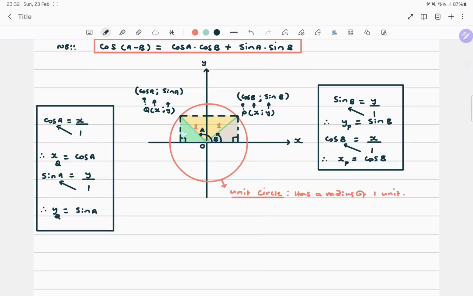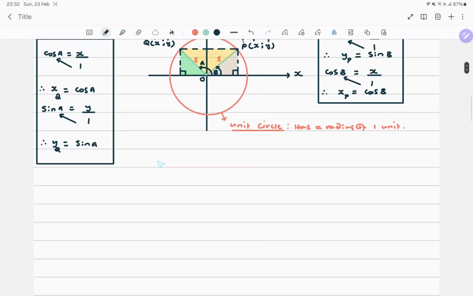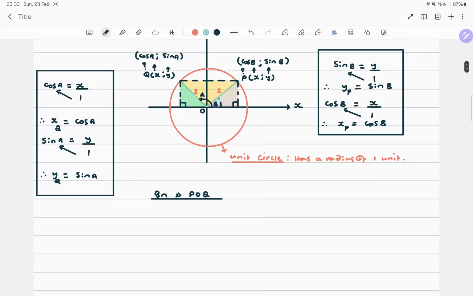Now that we have worked with the green and the cream white, now we get into this triangle QOP or POQ. We will get there and say in triangle POQ, now we can see that we know that this side is given, that side is given. We don't know that side. We can use the cosine rule from grade 11.